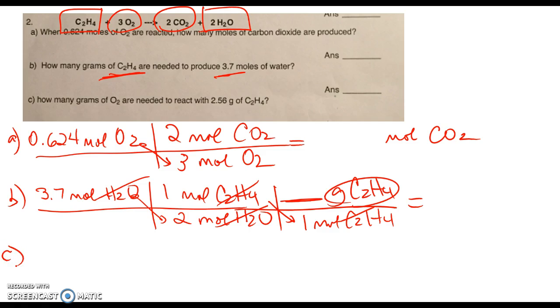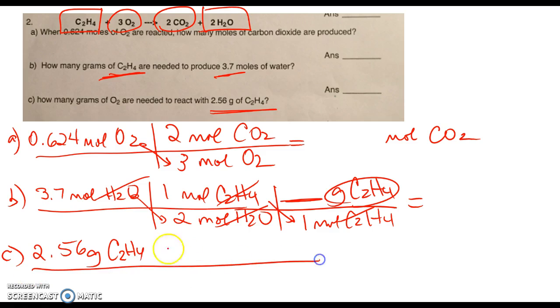C. How many grams of oxygen are needed to react with this many grams of C2H4? All right, well, now we have all the steps we need to do. We're going to go from grams to moles, moles to moles, moles to grams. So we're starting with 2.56 grams of C2H4. Using the molar mass, so many grams of C2H4 in 1 mole of C2H4.